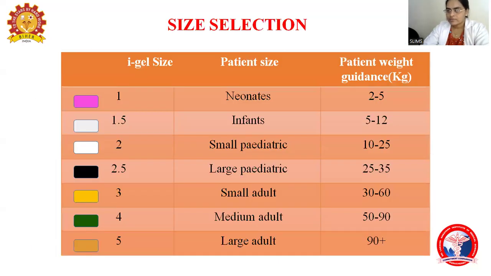These are the different sizes of the i-gel according to the patients' weight. 2 to 5 kgs, neonates, i-gel size 1. 5 to 12 kgs, infants, i-gel size 1.5. 10 to 25 kgs, children, size 2. 25 to 35 kgs, larger children, or little younger children, size 2.5 is used. 30 to 60 kgs, adults, size 3. 50 to 90 kgs, medium adults, size 4.